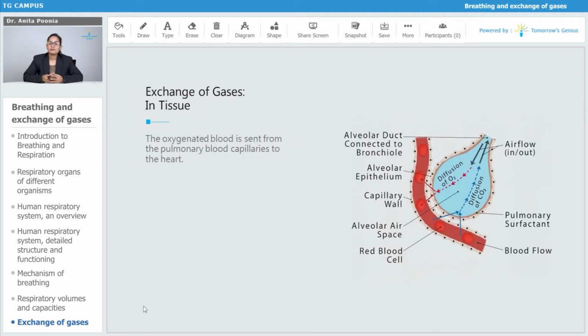The oxygenated blood is sent from the pulmonary blood capillary to the heart. The heart distributes this oxygenated blood to various body parts and tissues using arteries.